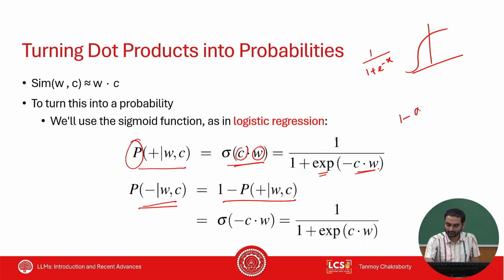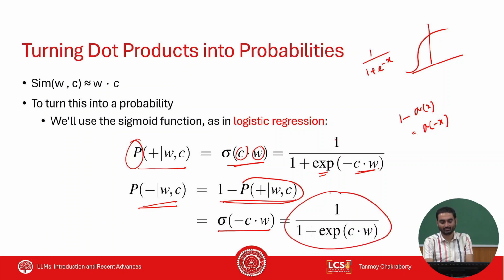What is 1 minus sigmoid of X? It is sigmoid of minus X. The sigmoid function has very beautiful properties. So 1 minus the sigmoid is basically sigmoid of minus of that. If you do this math, you see that this is essentially 1 over 1 plus exponential of C times W.